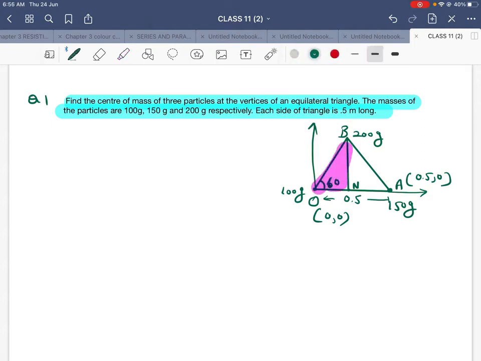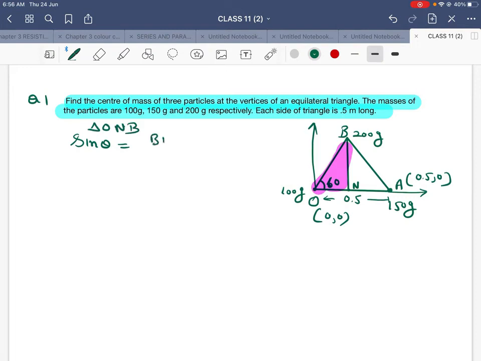In this triangle we have to find ON, which gives the x coordinate of point B, and BN, which gives the y coordinate of point B. So we write sine theta and cos theta in triangle ONB.